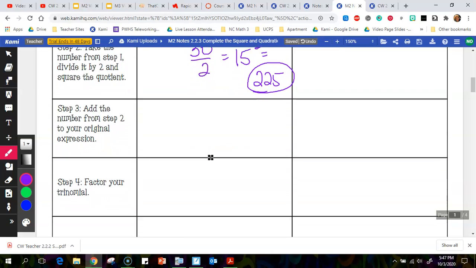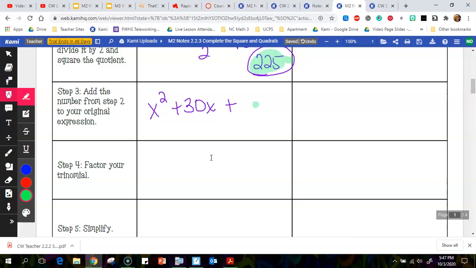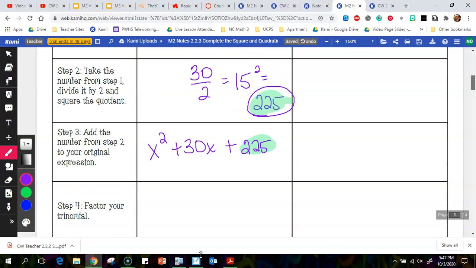And we did this on the previous page again. This is just a little bit longer way to look at it. Add the number from step 2 to your original expression. So my original expression was x squared plus 30x, plus 225. Then I can factor it. Well, I know from my previous page that I'm going to be taking the square root of this, so all I have to do is divide the 30 by 2, which is 15.